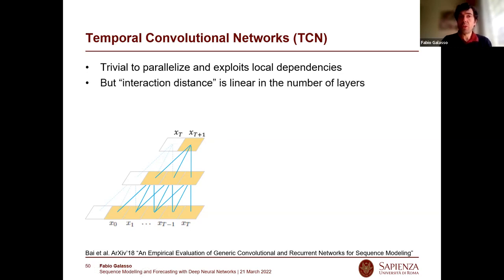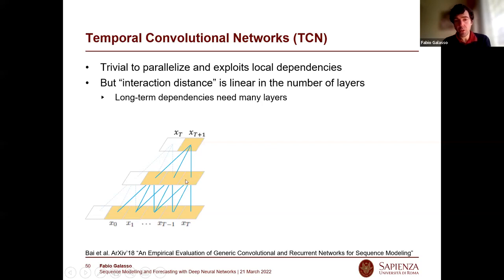But what we can get into when we consider this sort of convolutional neural network is that, imagine this simple example. Here I've got 2 layers.